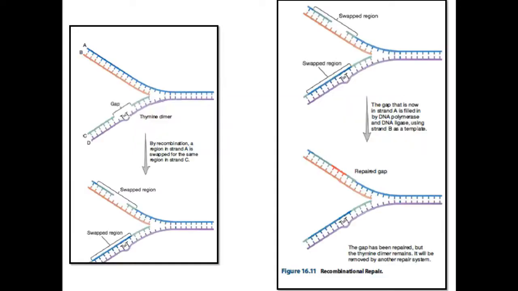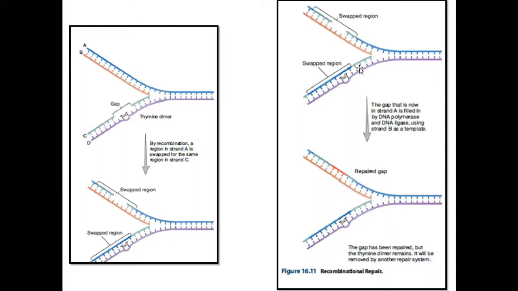I'll just show you a simplified version of what we described earlier. So you have a replication fork with a thymine dimer, and there is a gap over here, and you have a fully formed proper DNA in the A section. And so what happens here? A section of the A DNA is swapped over to this particular region.